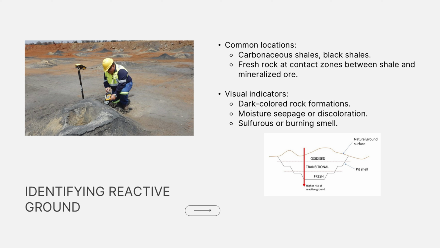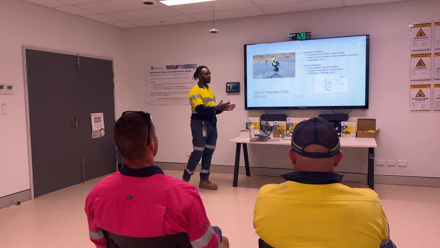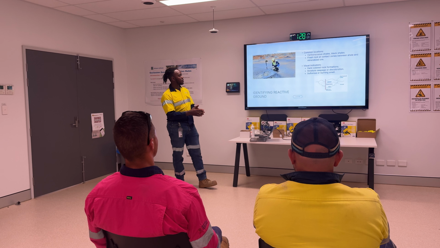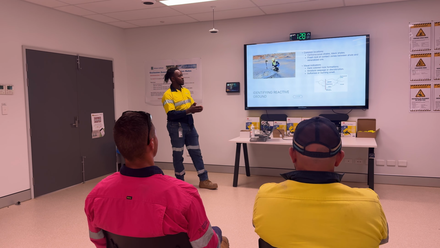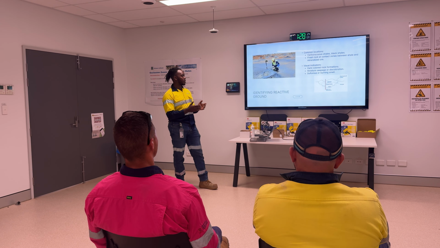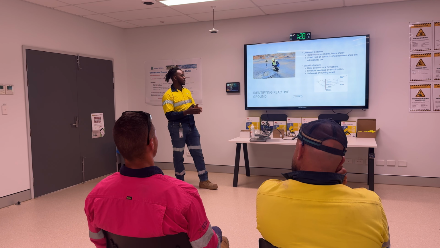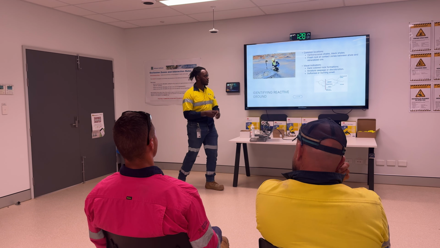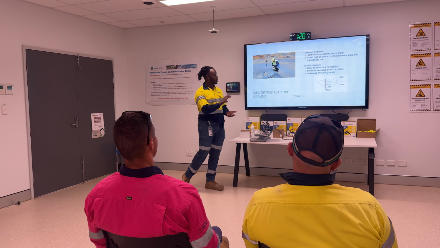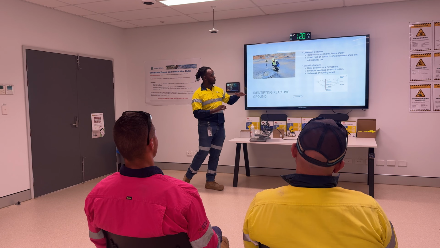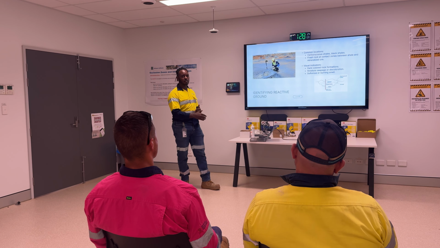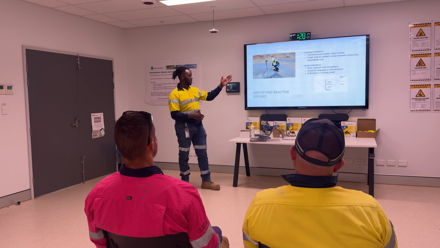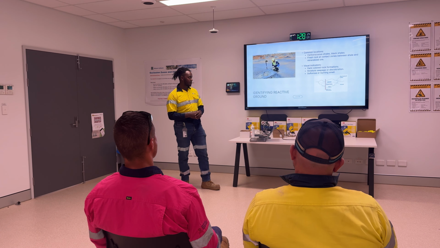This is why sometimes you have to use the visual indicators. The visual indicators include dark colored rock formations, moisture seepage or discoloration, and a sulfurous or burning smell. Now I've got a diagram there that shows different levels of material. The top layer is oxidized, then transitional, and fresh. The lower you go, you have higher risk of having reactive ground when you deal with carbonaceous shales or black shales.